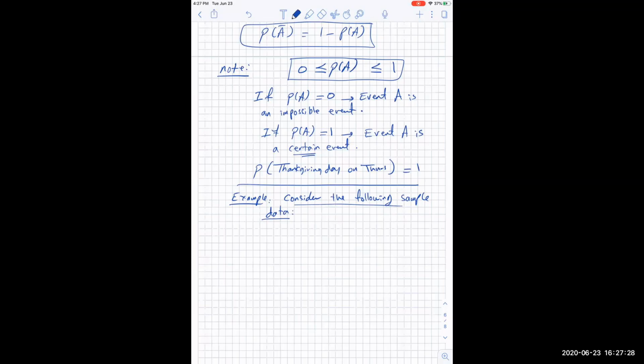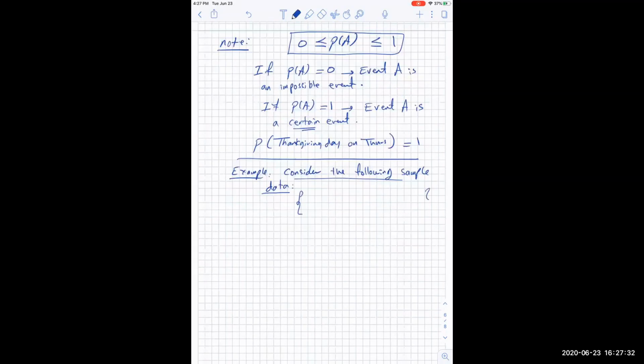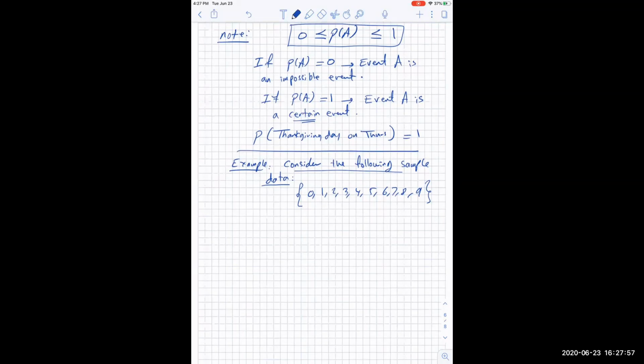All right, let's say I have these numbers in the sample: 0, 1, 2, 3, 4, 5, 6, 7, 8, 9. I have these data values, I have this sample, and let's say I'm going to select one number at random.